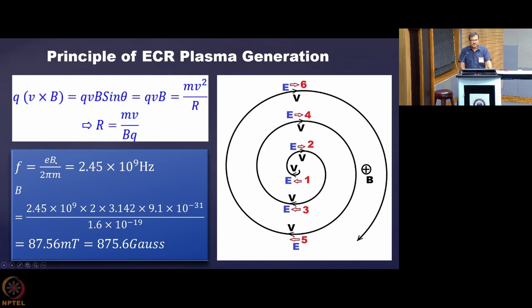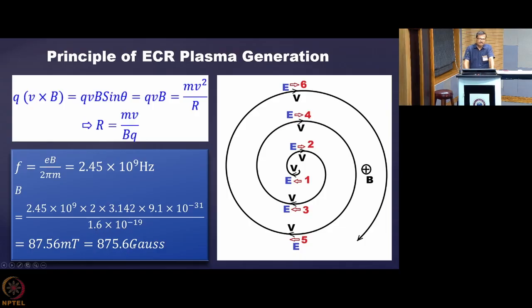So B is equal to 2.45 into 10 to the power 9, which is the applied microwave frequency, into 2, then pi 3.142, then m 9.1 into 10 to the power minus 31, divided by the charge of the electron, 1.6 into 10 to the power minus 19.